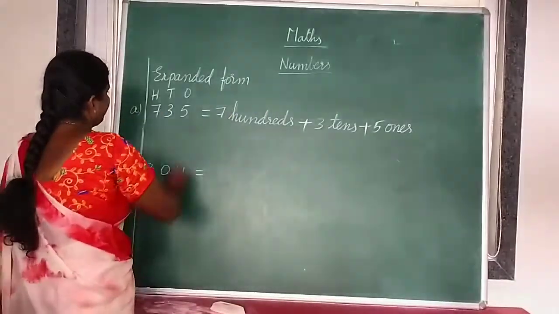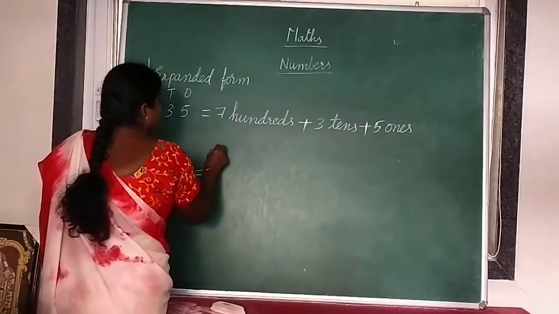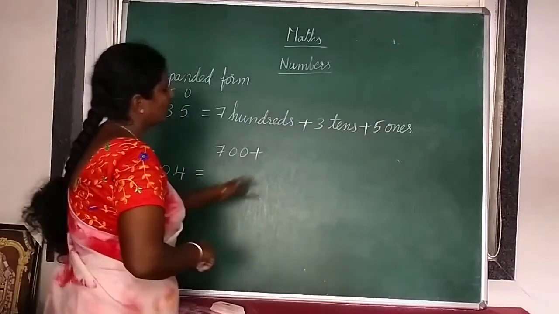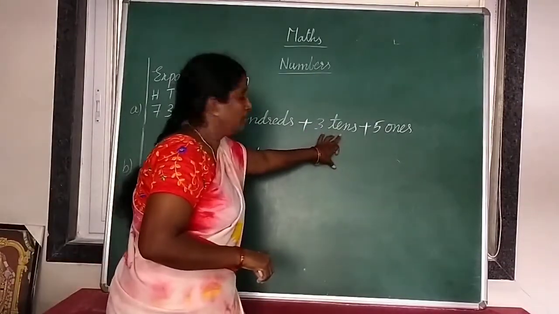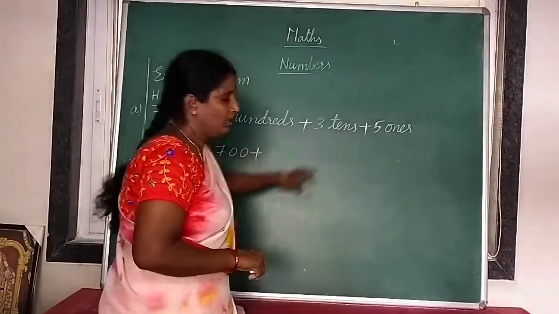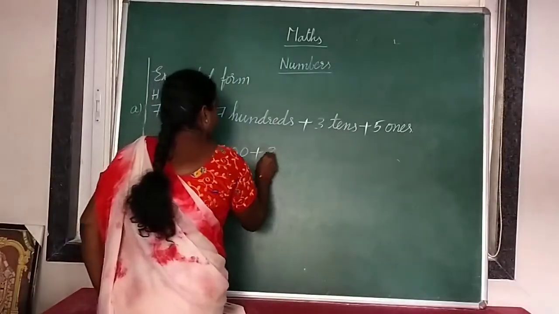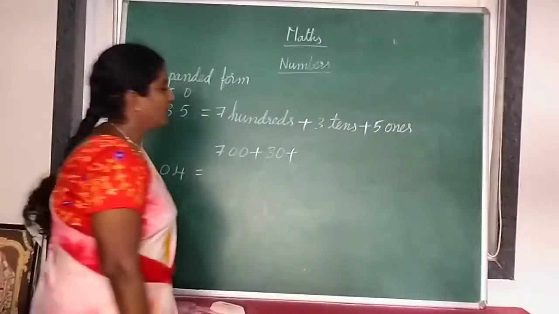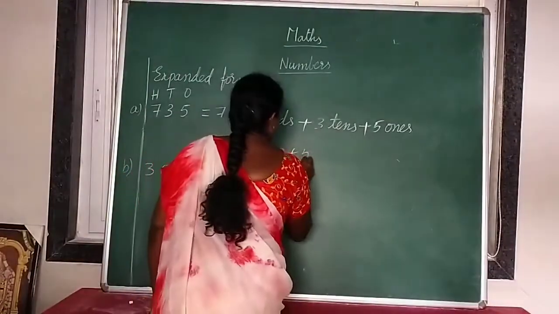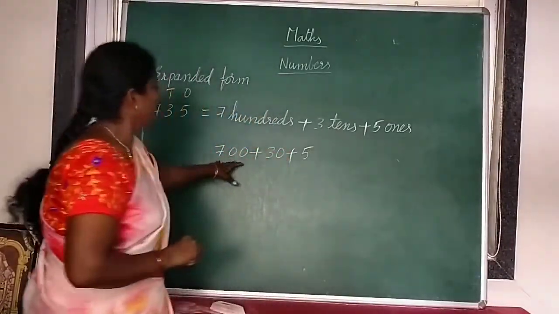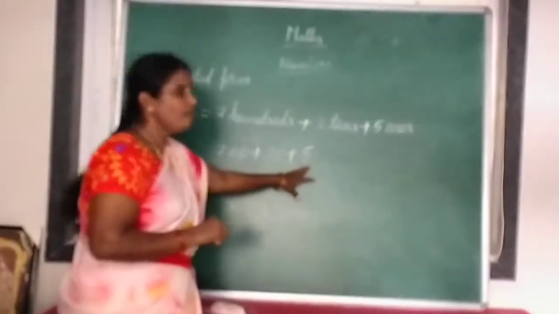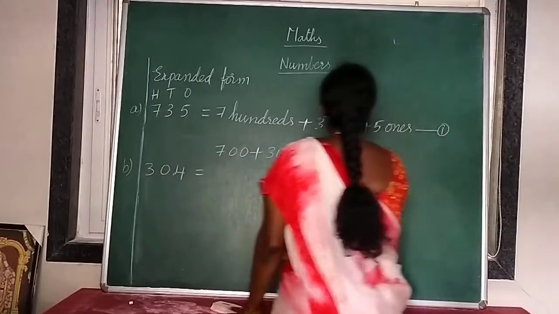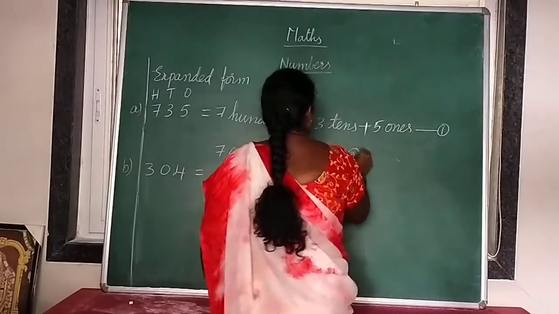And next, in another way, 700 plus 3 tens. 3 tens is nothing but 30, plus 5 ones, which is nothing but 5. 700 plus 30 plus 5. This is one method and this is another way of expanded form.